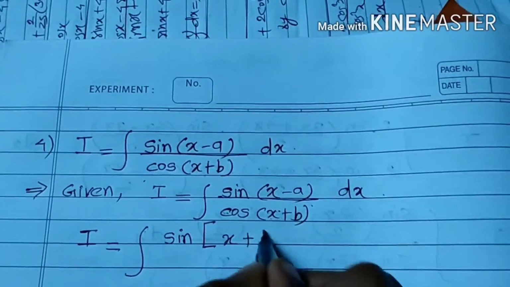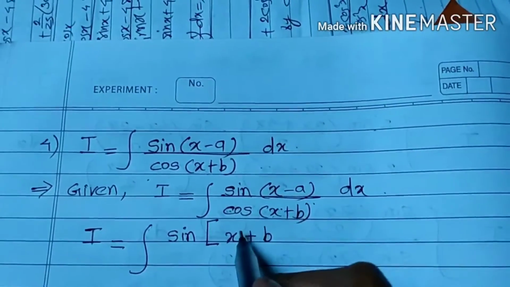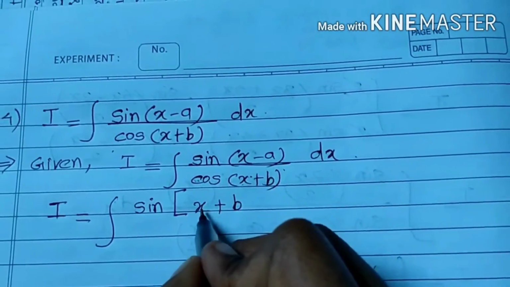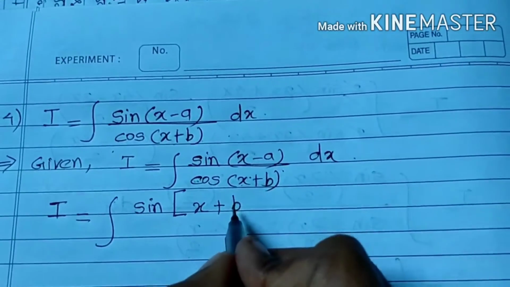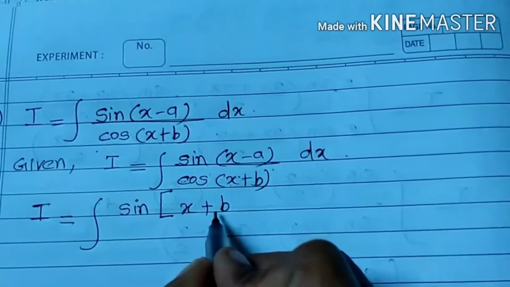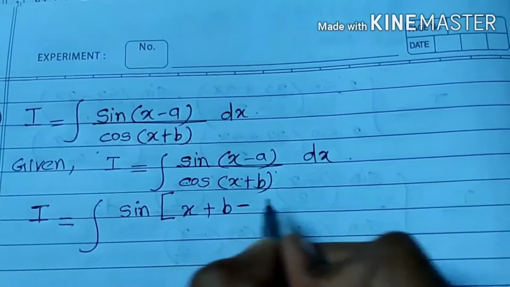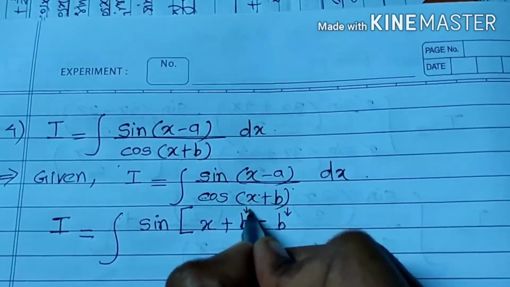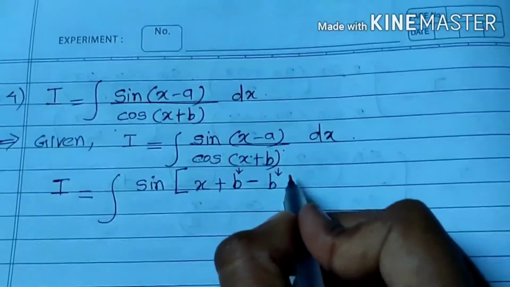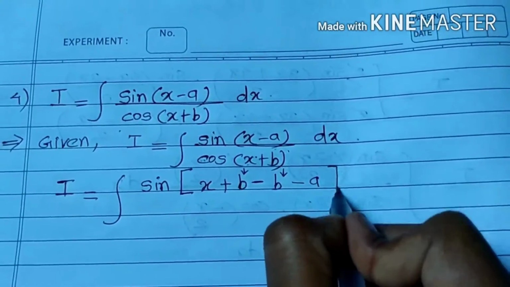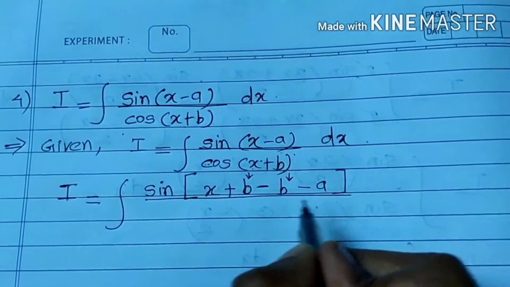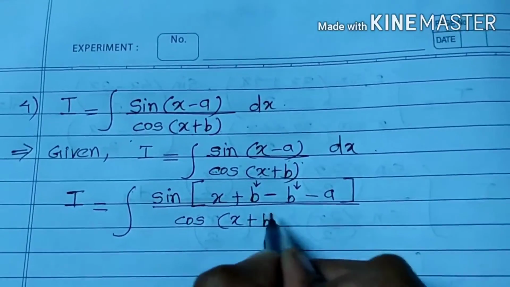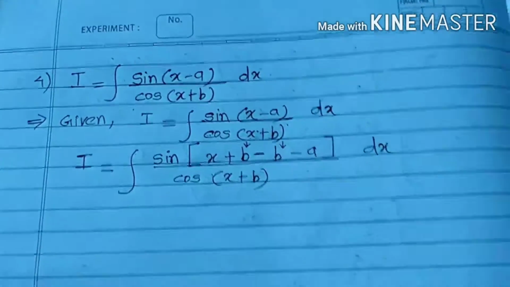So x plus b. Here x is present, so there is no need to adjust x. b is not present, so we have to adjust b. So here plus b, so we have to adjust it by minus b. So this is our adjustment, and this is minus a as it is, upon cos(x plus b) into dx.